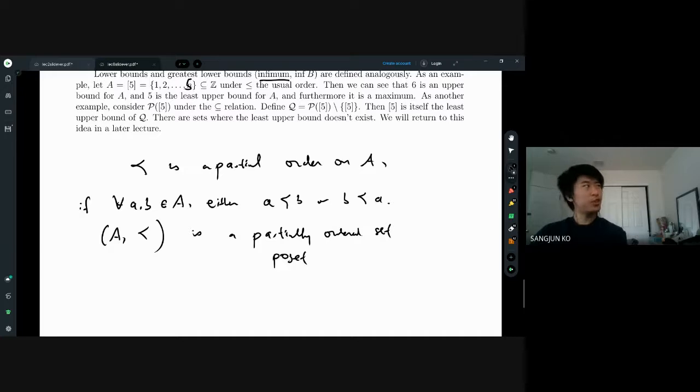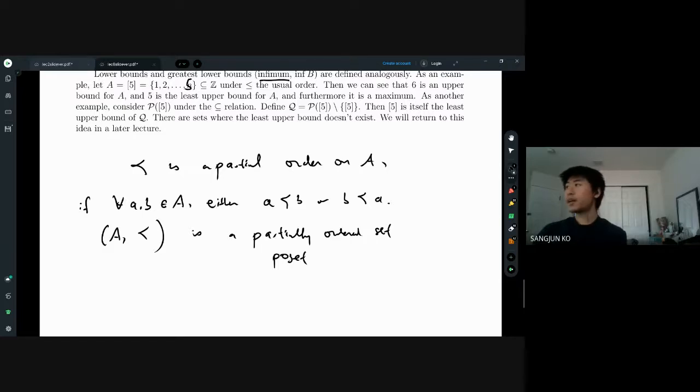Sounds weird. For short. Right. Okay, and we say that a partially ordered set has the well-ordering property if every subset under this relation has a minimal element.